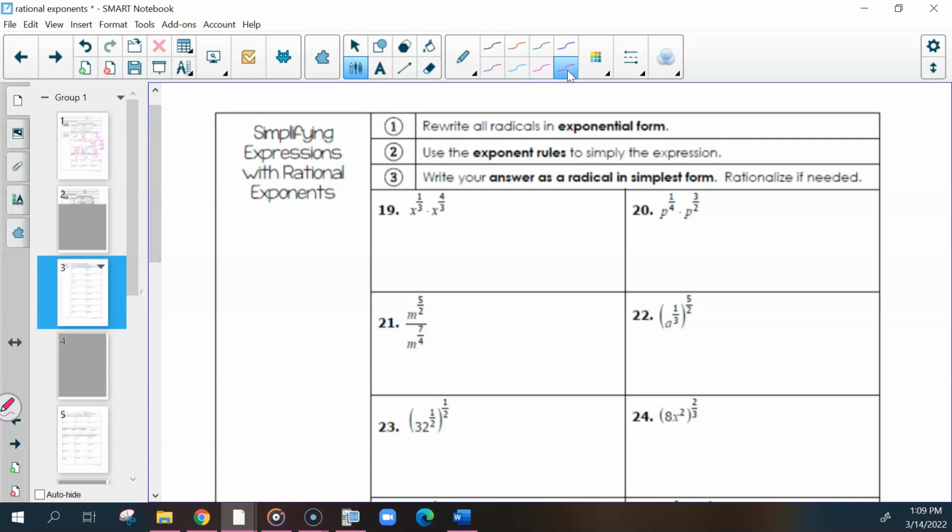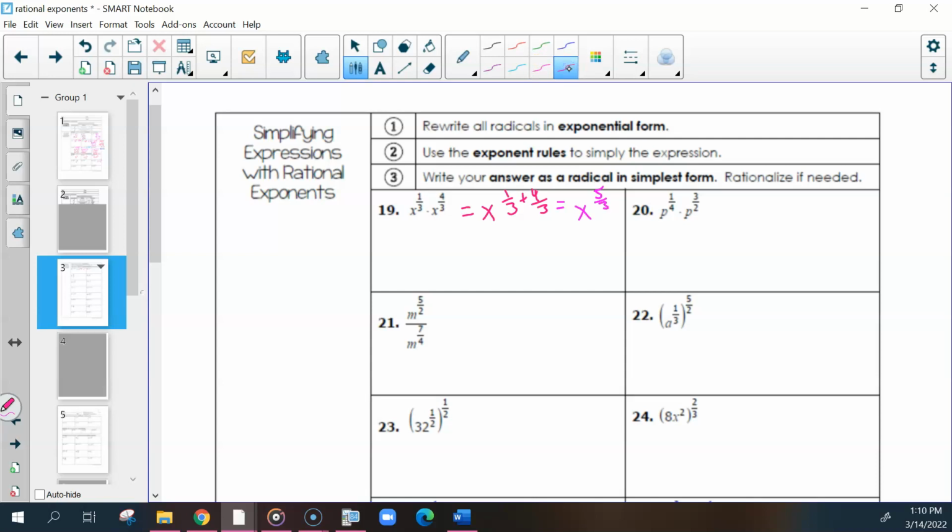This is in exponential form already, or exponent form, whatever. So if we are multiplying like bases, we are adding the exponents, so this would be the equivalent of x to the power of 1/3 plus 4/3. This is nice because we have similar denominators, so we can just add the numerators, x to the 5/3.